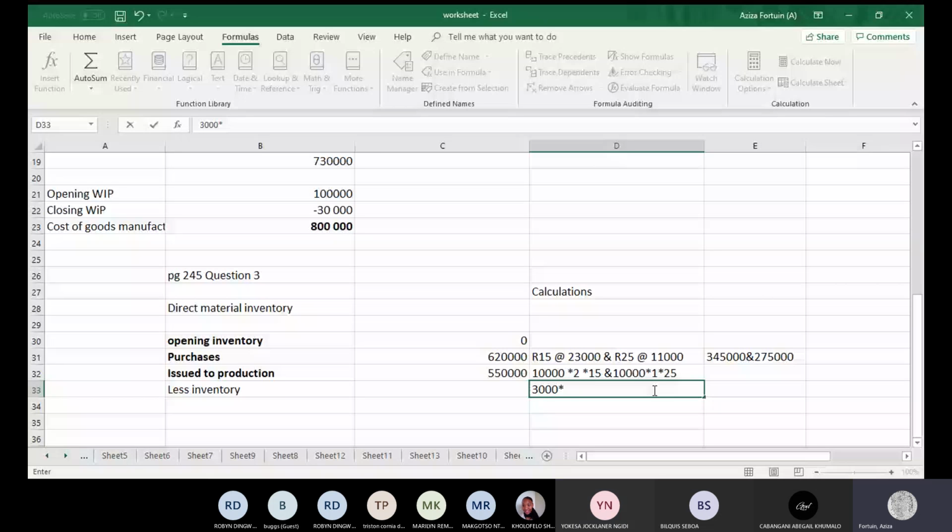So what is our framework for the WIP account? I would say input. I would say completed.